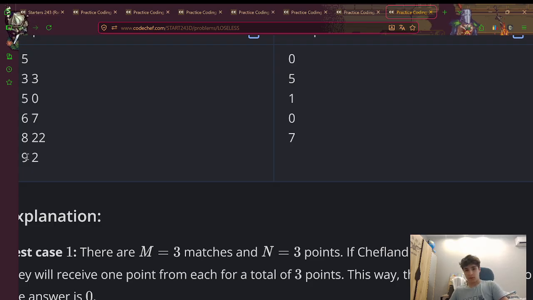If I logically think about this, the best thing I could do is 2 matches and 2 draws. So I get 2 score from this. And I have 10 matches left. That's all. And yeah, all of them I lost.